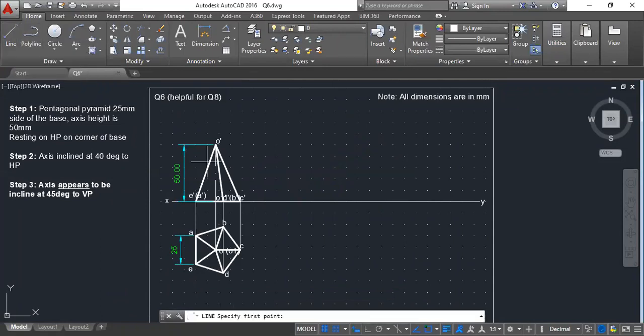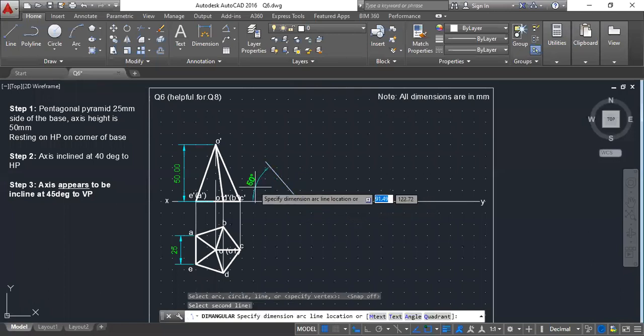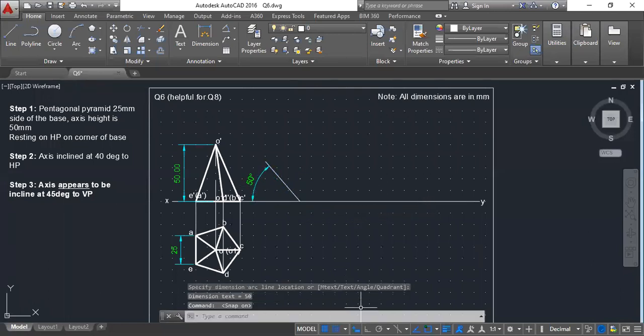So instead of drawing the axis inclination, I'll draw 90 minus theta here. That is 90 minus 40, which is 50 degrees. So I'll make sure that I have drawn 50 degrees inclination here. Instead of drawing 40 like this, I'm drawing 50 in the other direction. This is 90 minus whatever the angle given.